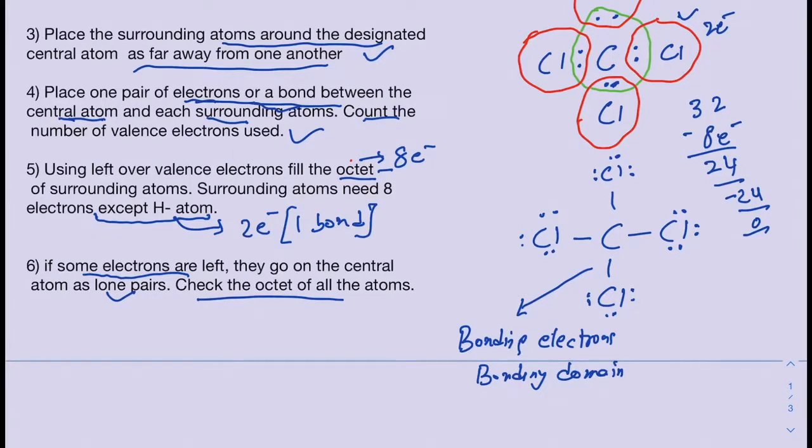And the electrons that solely belong to one of the elements, like in this case, each chlorine has 3 lone pairs. Those are called lone pair electrons, or also just electron pairs. Lone pairs is the more commonly used term. So this is how you're going to do the Lewis structure.